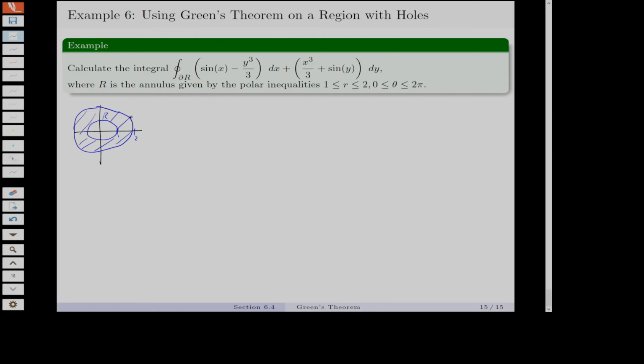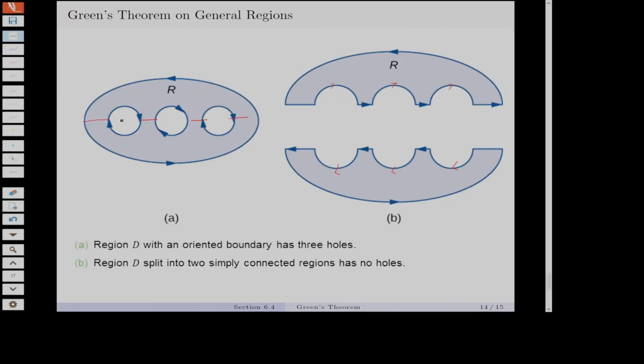The thing is, when I make these splits, on the top curve it's oriented this way, and on the bottom curve it's oriented this way. So when I make a split, I'm actually thinking of it as being 2 lines, one going this way and the other going the other way.